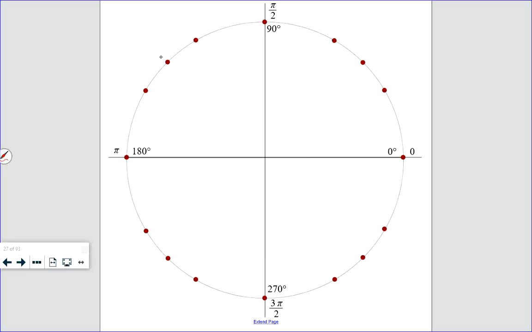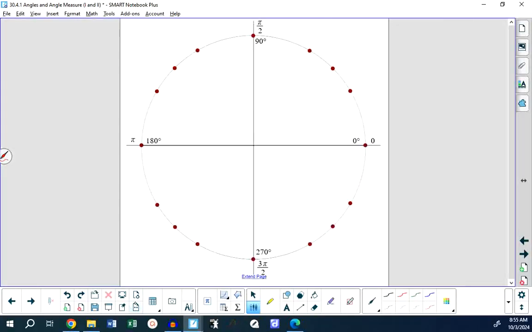It's the case because if I were to take an initial arm and rotate it so that it's pointing down, I have to rotate through 3 pi over 2s.